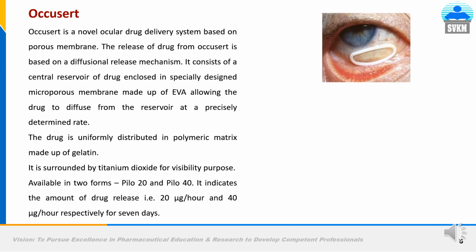The controlled layer available for this Ocusert, because of which this controlled release could take place, was EVA, meaning ethylene vinyl acetate. This is the polymer used in this Ocusert.